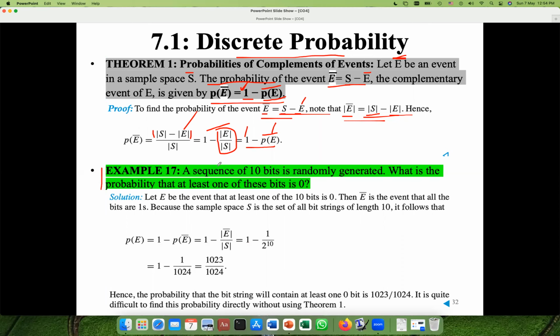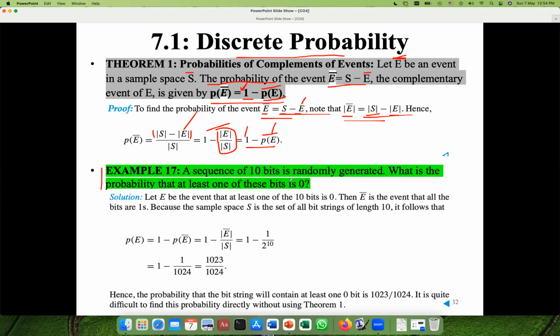So a sequence of 10 bits. You have 10 bits, okay? And bits can be 0 or 1. You know that. A sequence of 10 bits is randomly generated. What is the probability that at least one of these bits is 0?